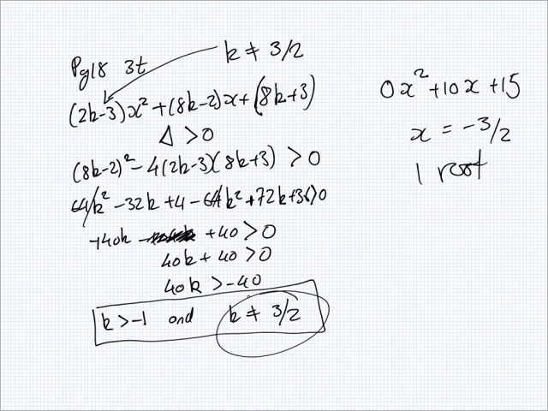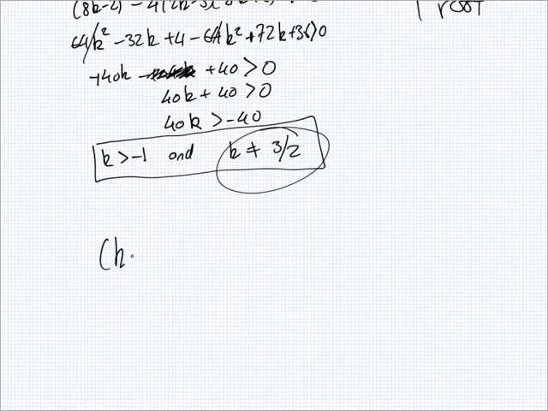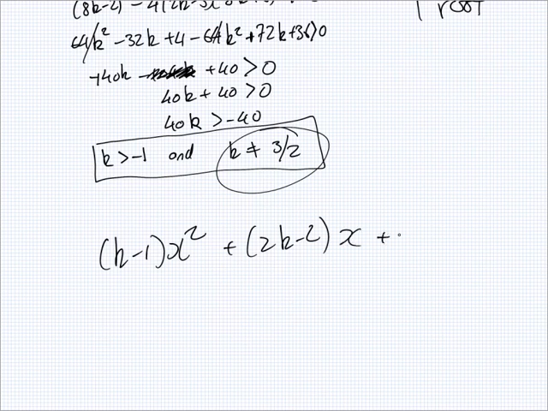Well, not necessarily, because I think there's a couple of examples where if you try to make the first term 0, you'll make the other term 0 as well. So you don't actually get one root, you get no roots. You know what I'm saying? Like if I wrote down k minus 1 x squared plus 2k minus 2 x plus 3k minus 3.